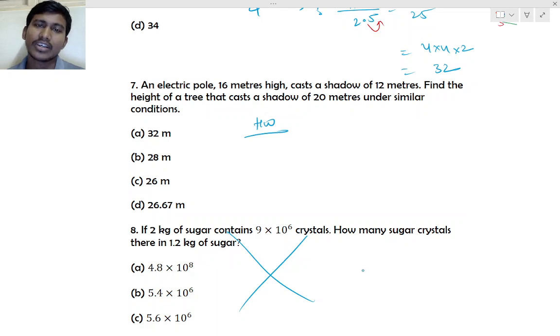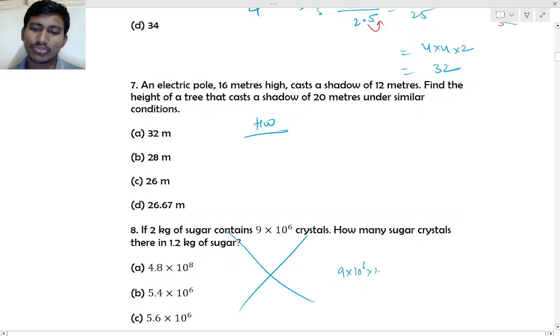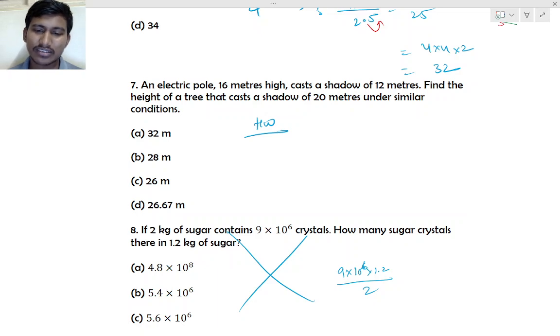So 10 power of 6 into 1.2 divided by 2. In an exam, this type of question, they will not give 10 power of 6 and all for you. Understand? Okay.